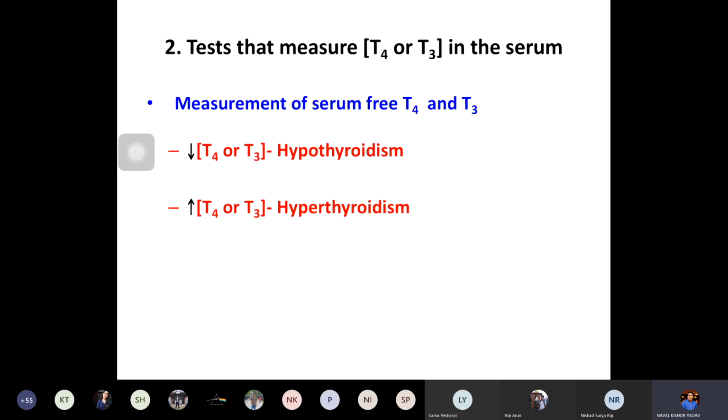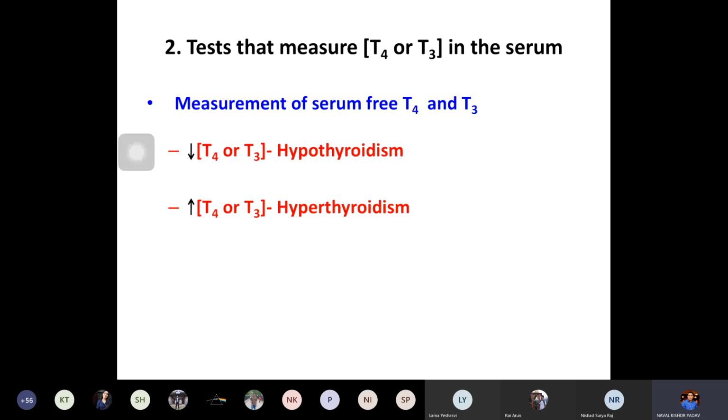So here you can see if you measure the free T3 and T4, in the case of hypothyroidism, the level of T3 and T4 will be decreased. Similarly, in the case of hyperthyroidism, the level of T3 and T4 will be high. If you combine these, TSH and the levels of T3 and T4, in the case of hypothyroidism, the levels of T3 and T4 will be decreased but TSH will be higher.